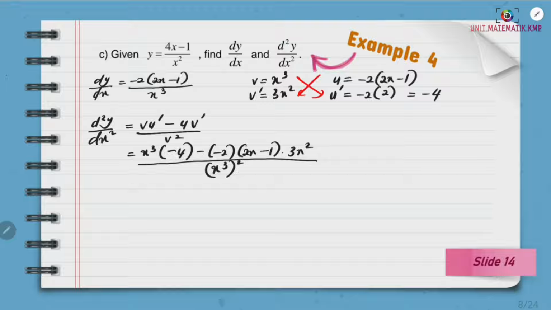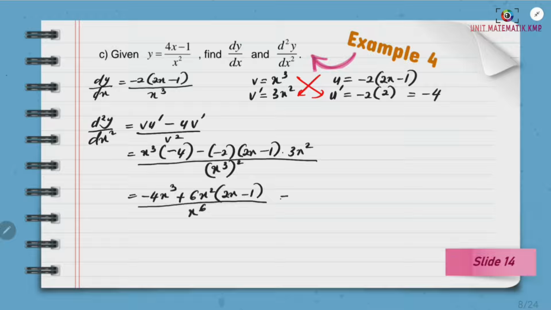And we can simplify: negative 4x cubed plus 6x squared times (2x minus 1) divided by x power 6.